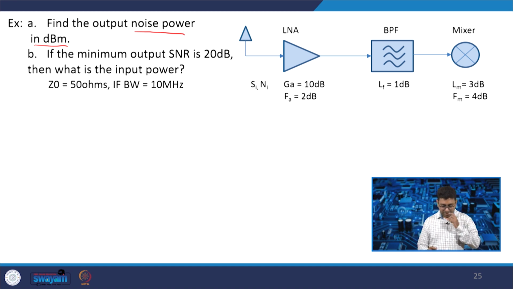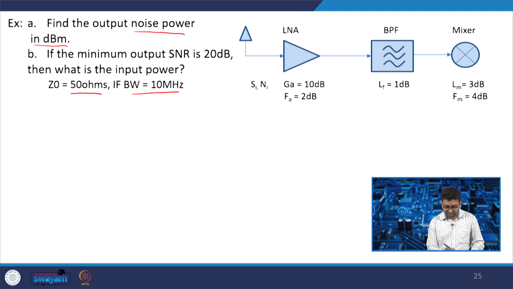Here also, consider the characteristic impedance to be 50 ohm and the bandwidth to be 10 megahertz. Whenever you want to find this, first divide the gain and noise figure of all the components step by step, and because we want to find the complete noise figure we should use the Friis formula.